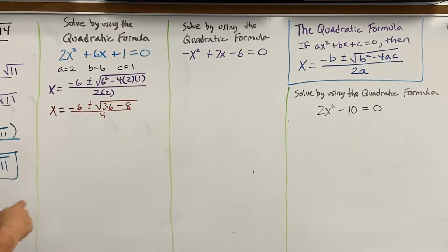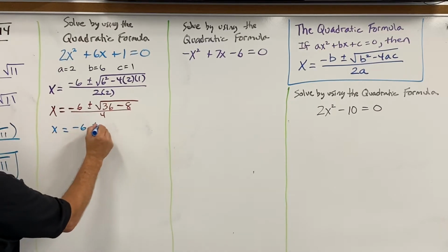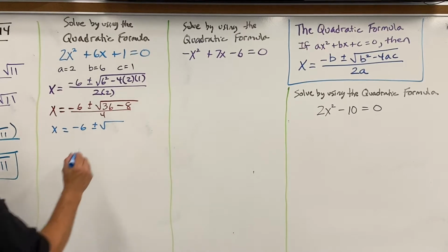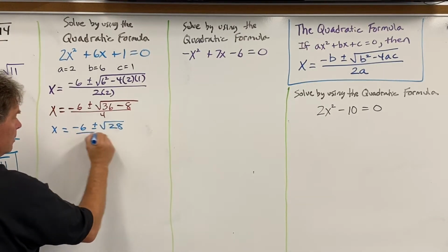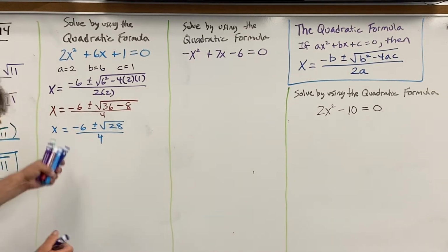Then I get x is negative 6 plus or minus the square root of 36 take away 8, which is 28, over 4. Oh my gosh. That's almost the same as the previous one, except I had regular 6. In fact, I think I meant to put a negative there so that this would already be simplified for us, but oops. Well, let's go ahead and do this.